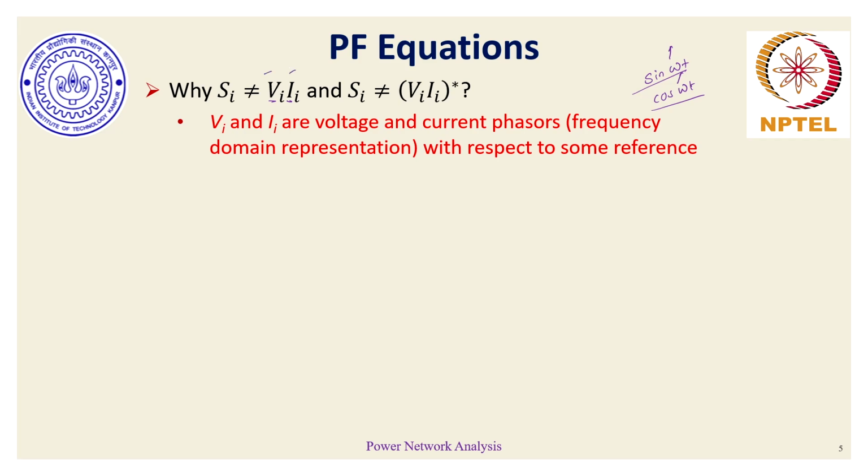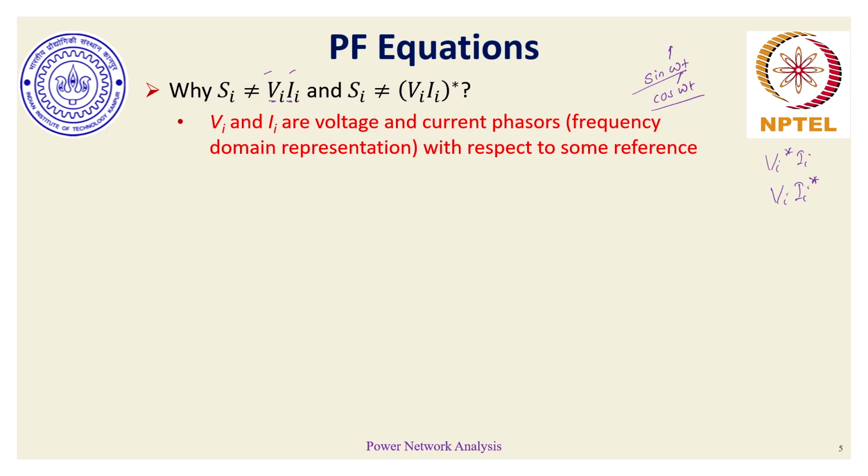When we take the conjugate of either V or I, what does the conjugate do? Conjugate essentially changes the sign of the phase angle of the phasor.